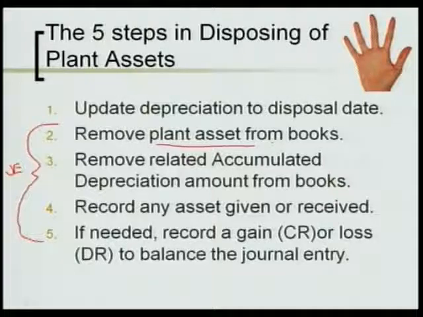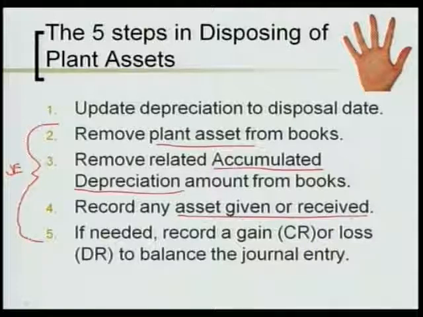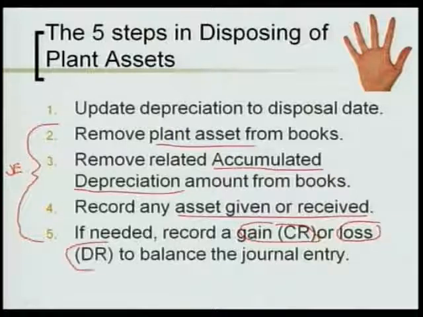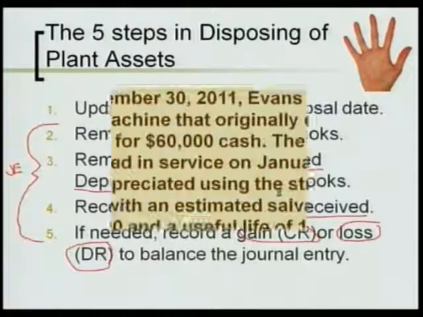Then we're going to remove the related accumulated depreciation amount from the books. Then we're going to record any asset given or received. And if needed, we're going to either record a gain or a loss, okay, to balance the journal entry, okay? And I think this is going to be best illustrated with an example. Okay, so let's just do that.